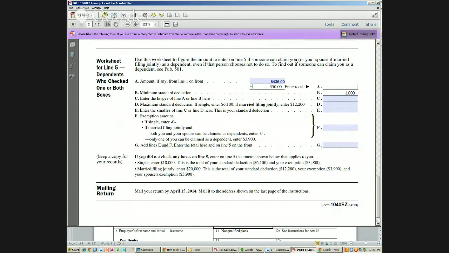So when you add 350 to it, you get a... 8,786. All right, guys, 8,436 plus $350. 8,436 plus 350.